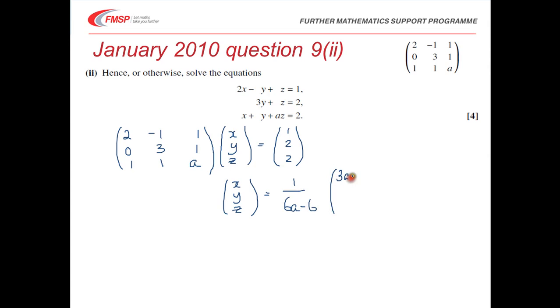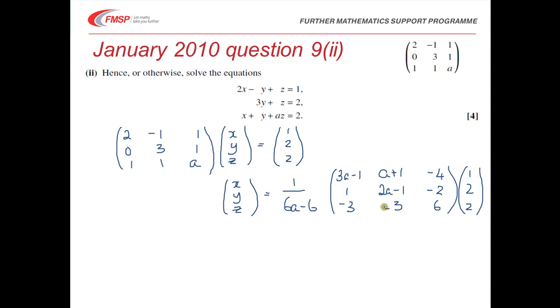It was 3a minus 1, 1, minus 3, a plus 1, 2a minus 1, and this just comes from the answer that we had to the first part, and the last column was minus 2, minus 4, minus 2, 6, so we'll multiply that by 1, 2, 2.